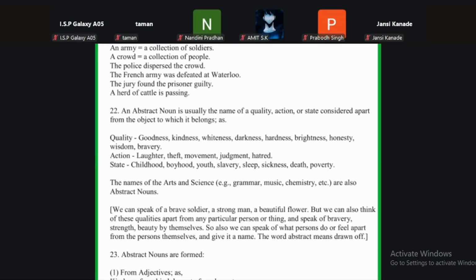So why do we call them abstract nouns? Because you cannot touch them or feel them, but you can experience them, and therefore they are called abstract. It's an idea. It's a thought. For instance, how do you describe childhood? You can describe a child, and a child is different from childhood.